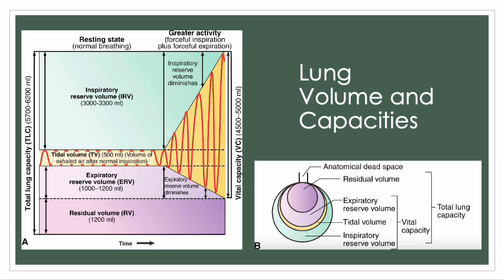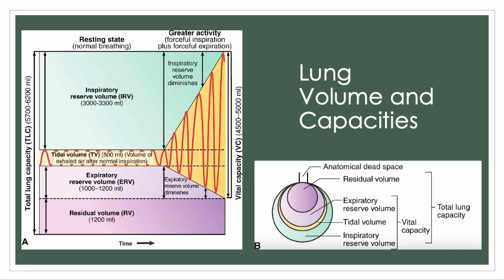And then you don't have to write all this down because it's listed on the next slide, but we're going to go through each one of these volumes and capacities. So starting with residual volume, if I'm back on picture A, the residual volume is the volume of air remaining in the lungs after maximum exhalation or expiration.